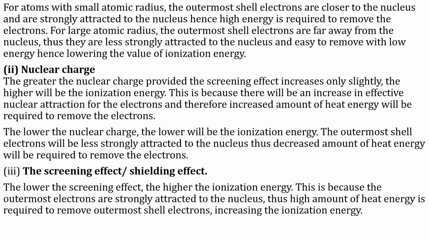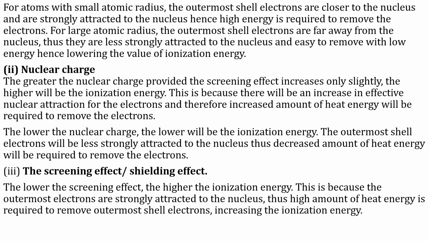So, as I already explained, for atoms with small atomic radius, outermost shell electrons are close and they are going to be strongly attracted by the nucleus. Hence, we expect high amounts of energy to be required to remove the electrons present on those energy levels.